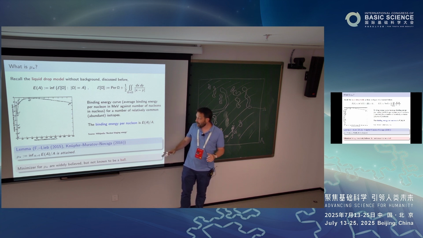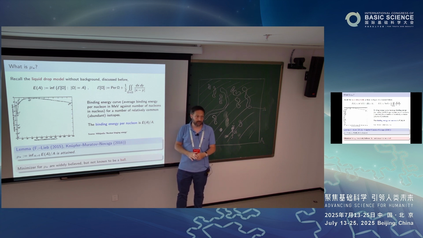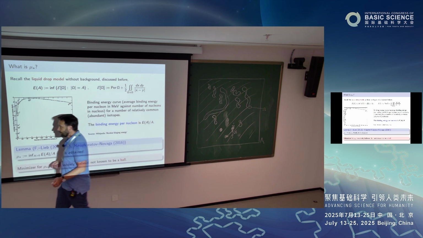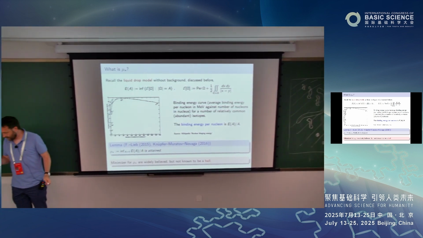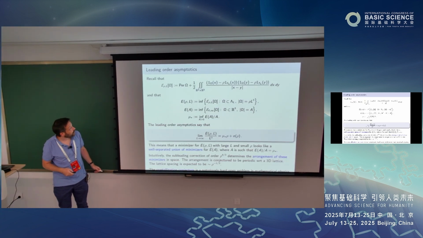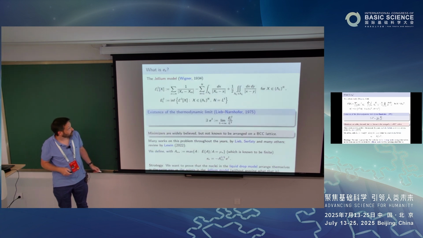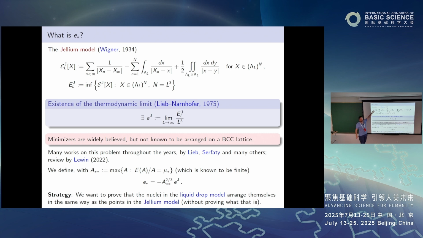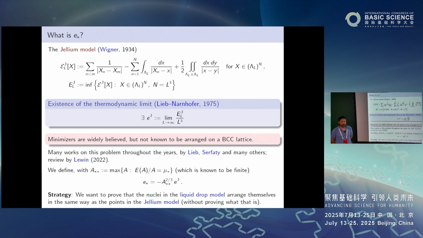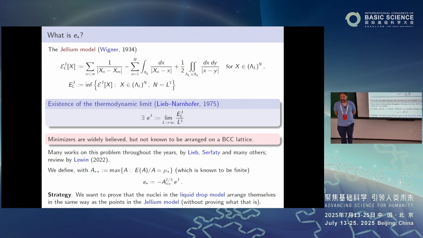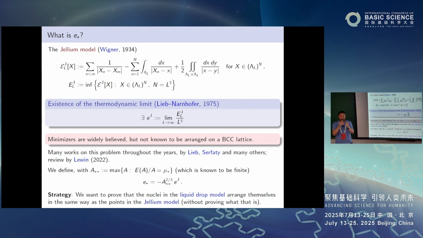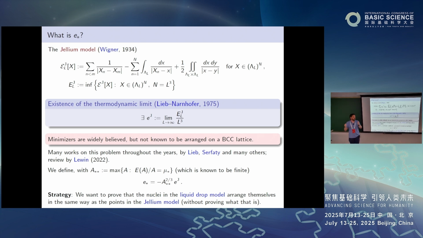But the point is, we don't need to know that conjecture. Now let me go on. Let me tell you what the E star is. Here's the E star. This is what's called the Jellium model. The Jellium model was introduced by Wigner in 1934. This is a model for classical point particles.